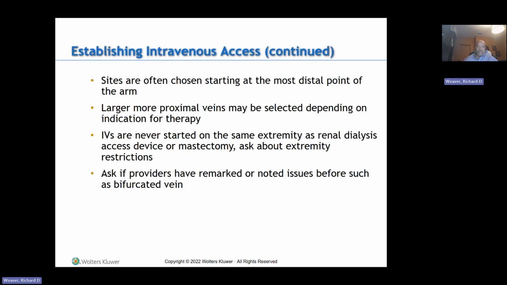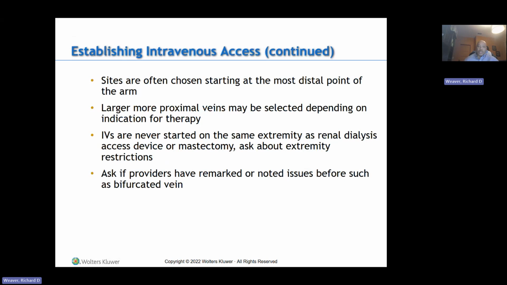Indwelling devices are used when a longer duration is anticipated compared to only a few doses. And so if we're going to be using this IV access device, for example, somebody's on TPN, they're going to be on for a very long period of time, we need to get an IV access device that can endure over a longer period of time.